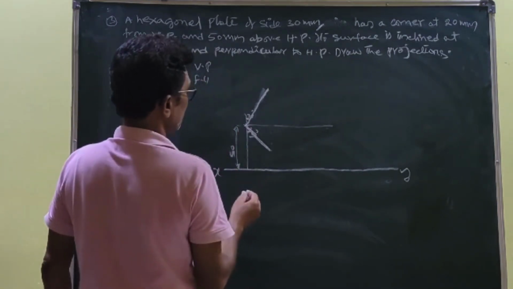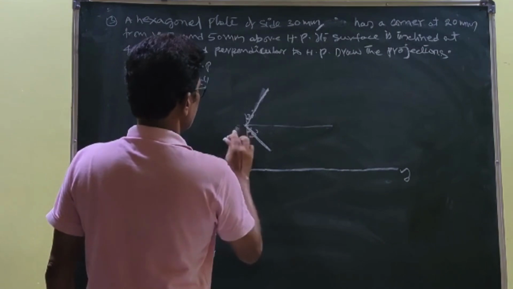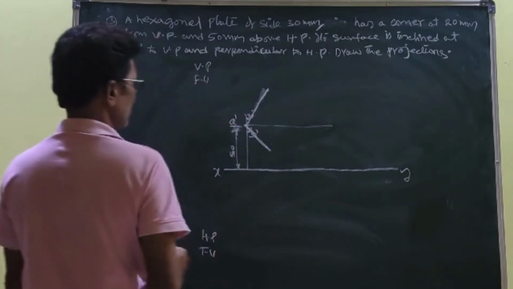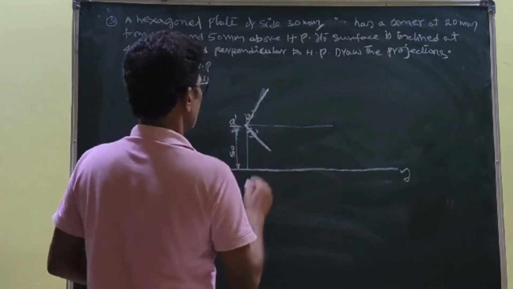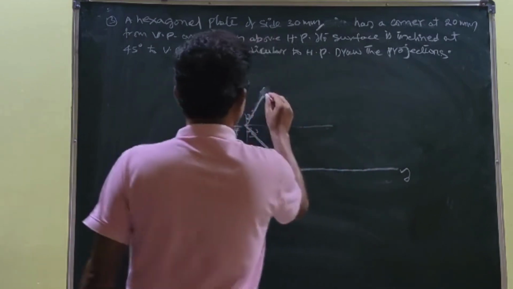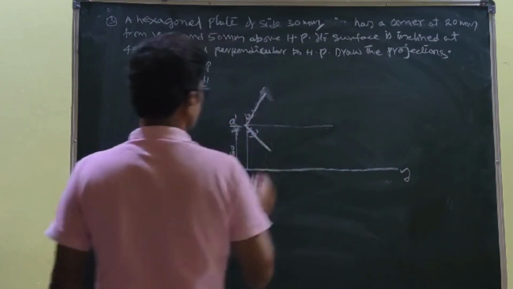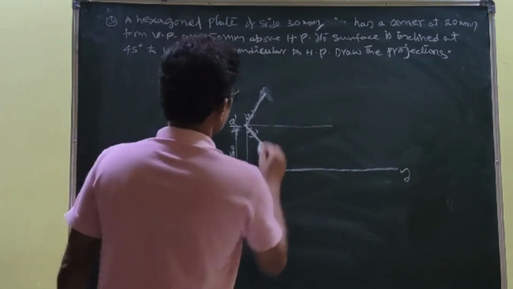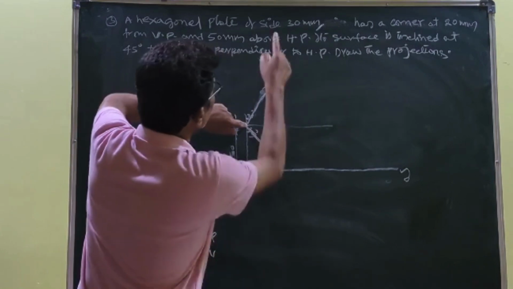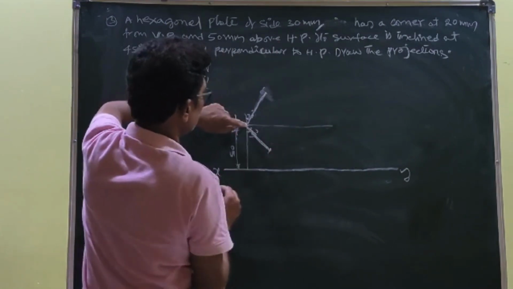Let us call it A dash. With A dash as a center and 30 mm as a radius, you cut it here.